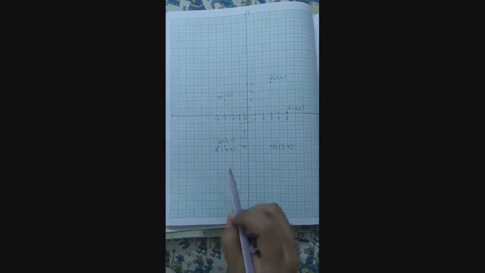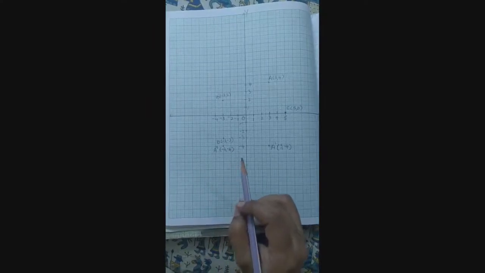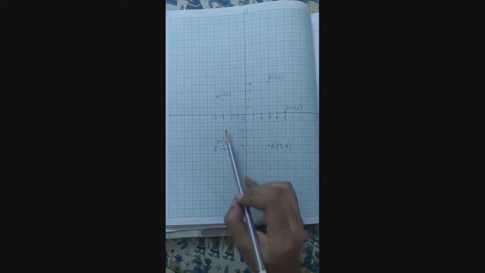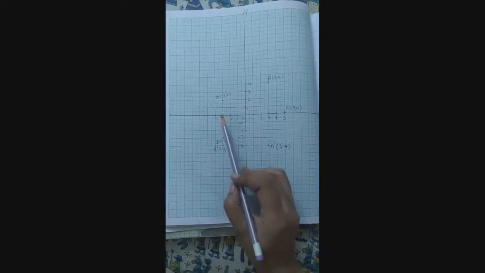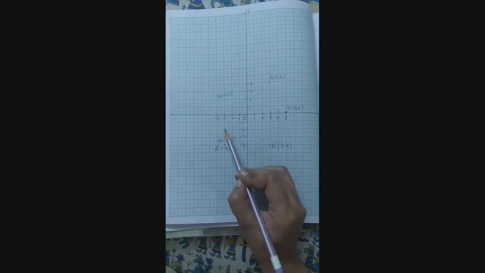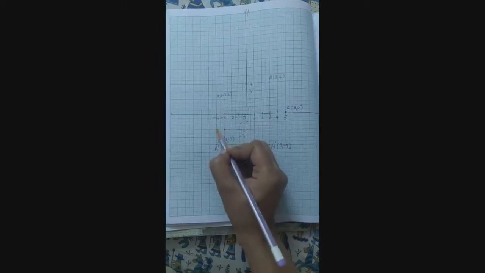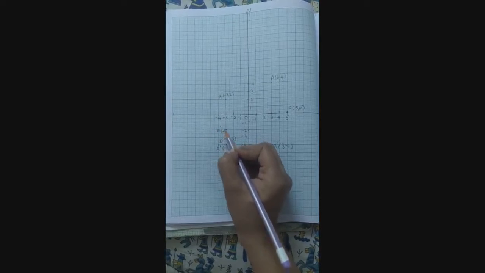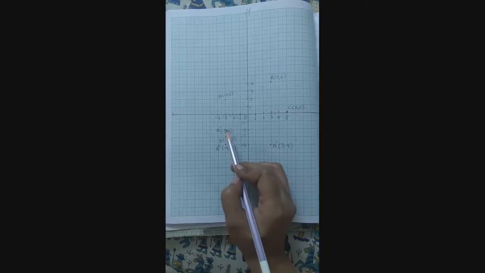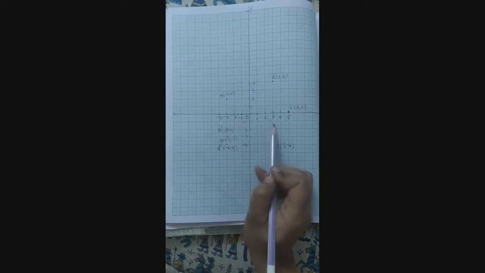Same way students, you have to plot all the points like this. B under the x-axis, you will get here 2 centimeter downside. This is B dash, -3, -2, and if we reflect this point in the y-axis, it will reflect here.